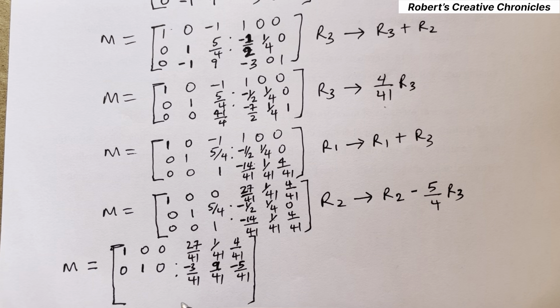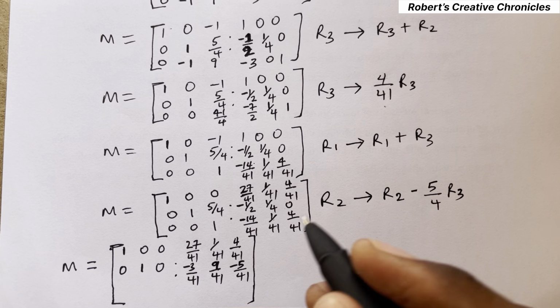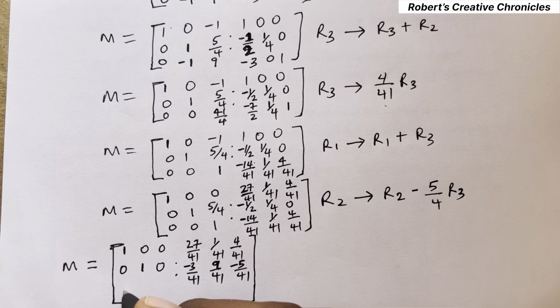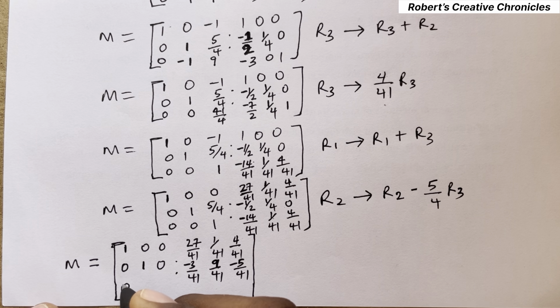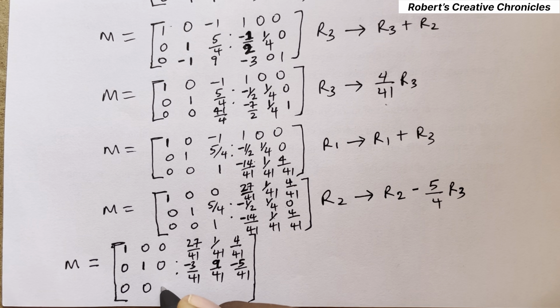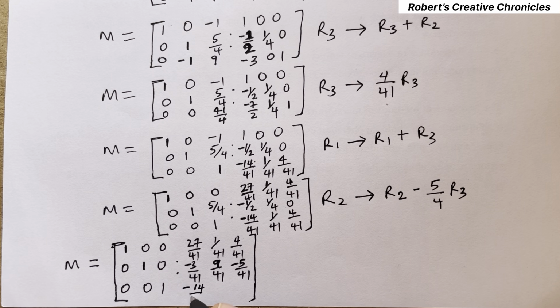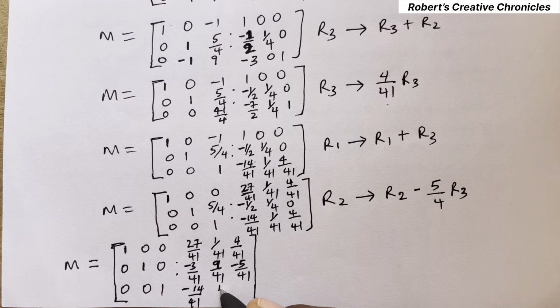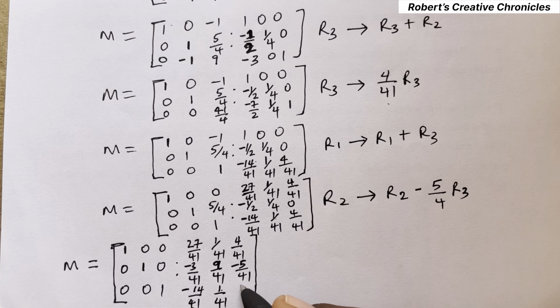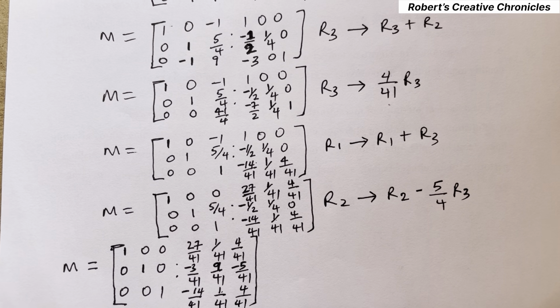So then row 3 is as this. It's 0, 0, 1, then minus 14 over 41, 1 over 41, and 4 over 41.